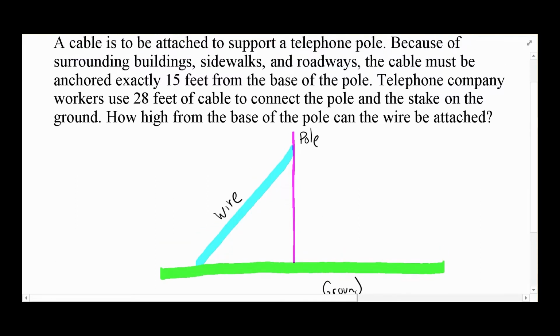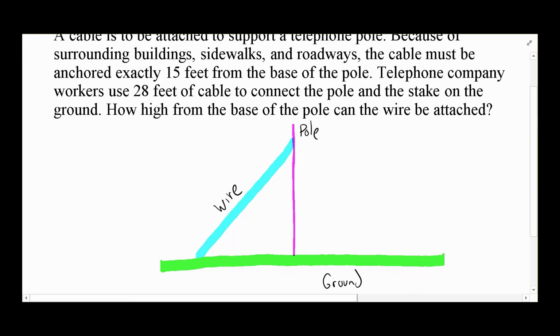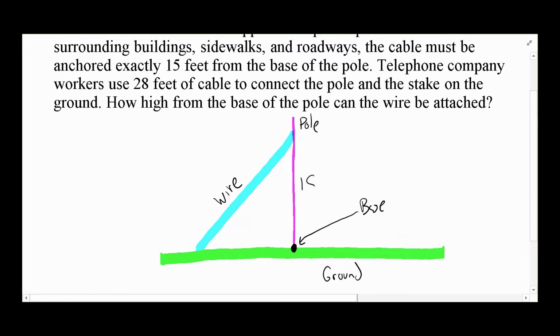Now, as we start to fill in these values, it's important that we fill them in the right place. We're told the cable must be anchored 15 feet from the base of the pole. Now, the base of the pole is right there. So I know that my 15 feet is either there or there. Now there are a couple of keywords to tell me which of those is the correct one.